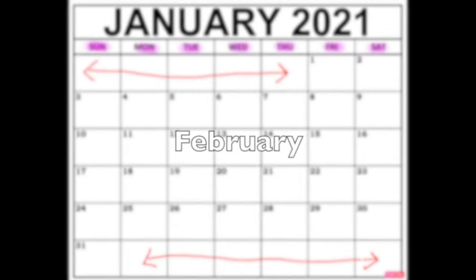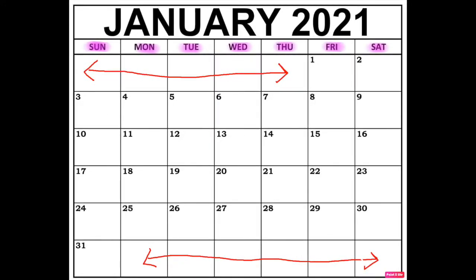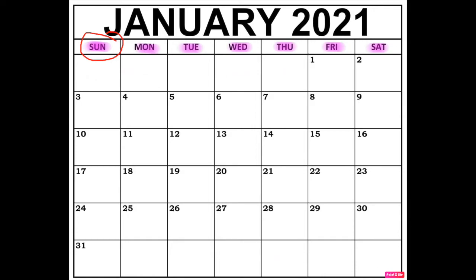Well done. So now, how would I find out how many Sundays there were in the month of January? Well, I would go to the word Sun on the calendar, and then I would look down at the column beneath it.